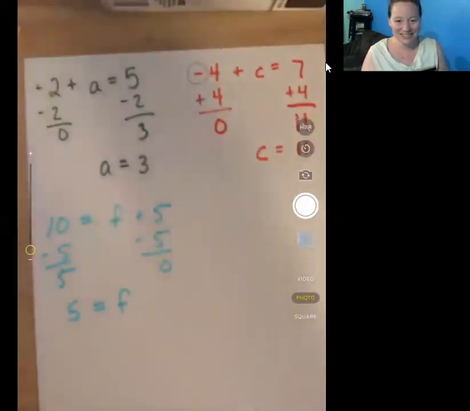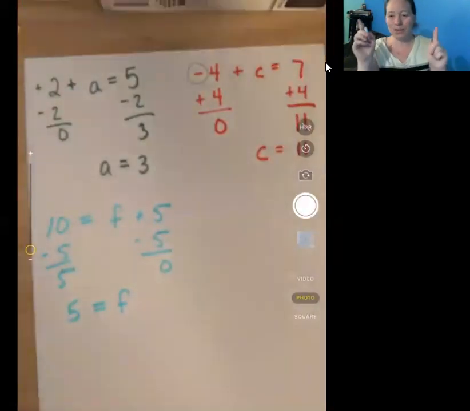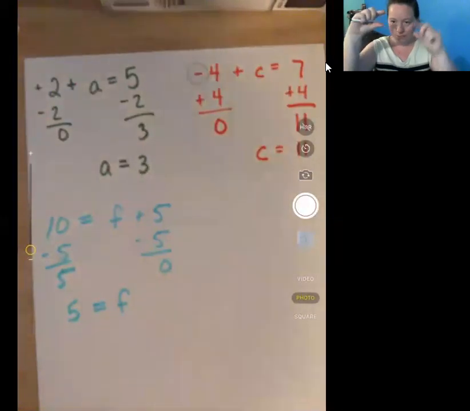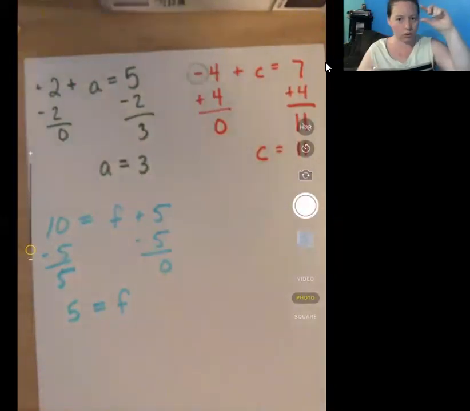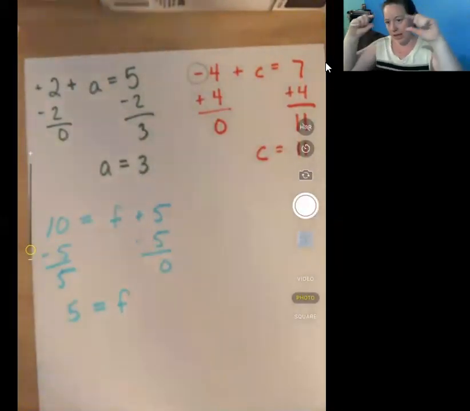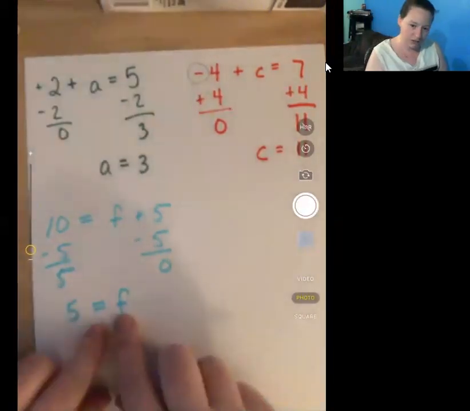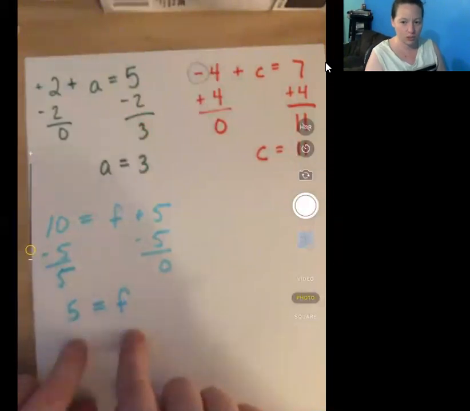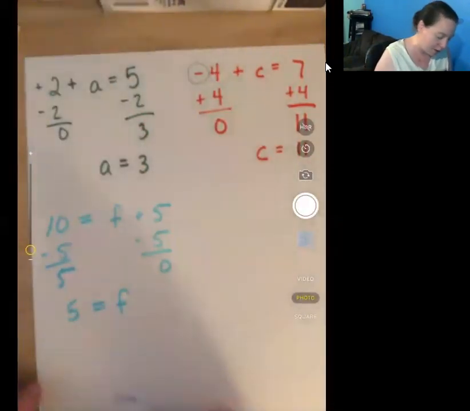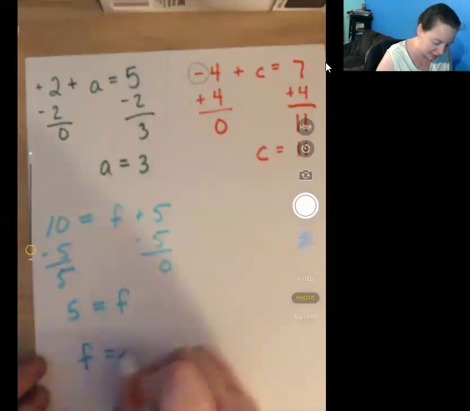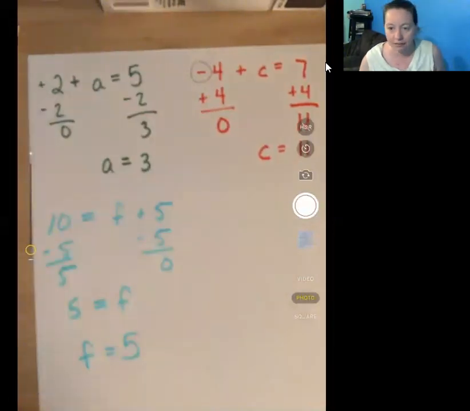Since the two sides are equal to each other, 5 plus 3 is equal to 8, and 8 is equal to 5 plus 3. I can flip this. So it's no longer 5 is equal to F, but rather it is F is equal to 5.